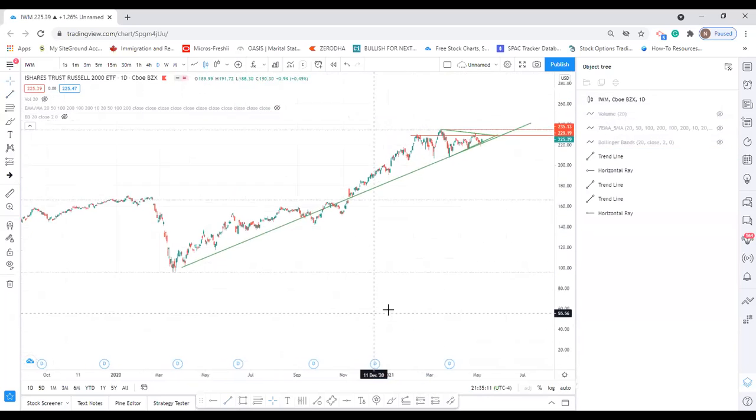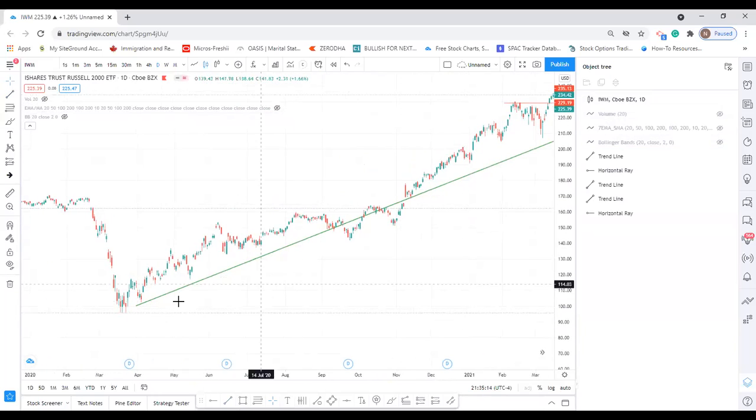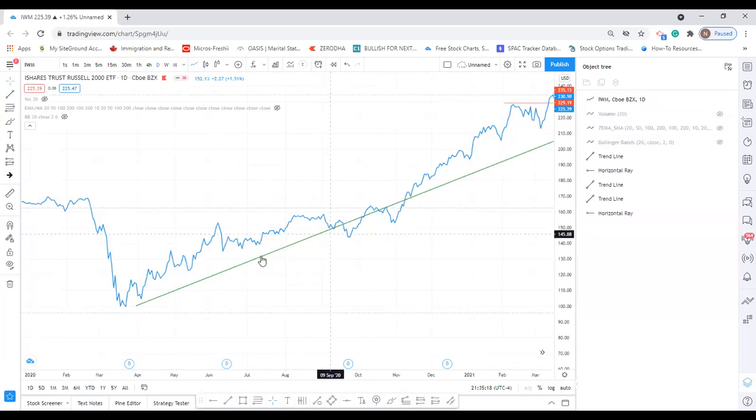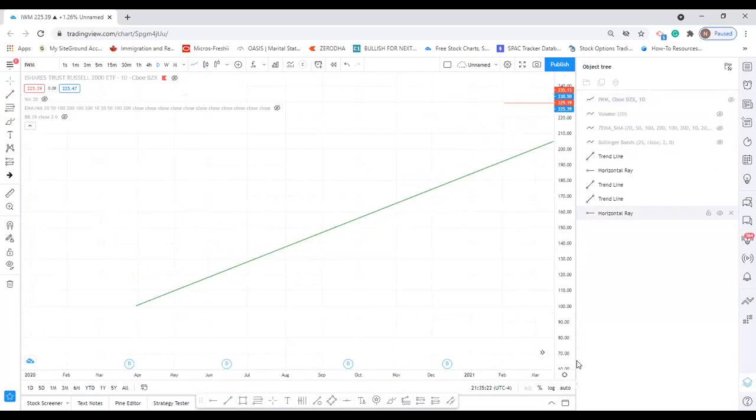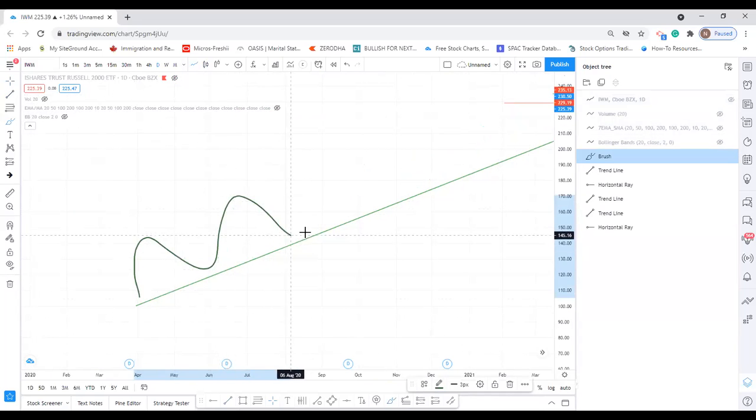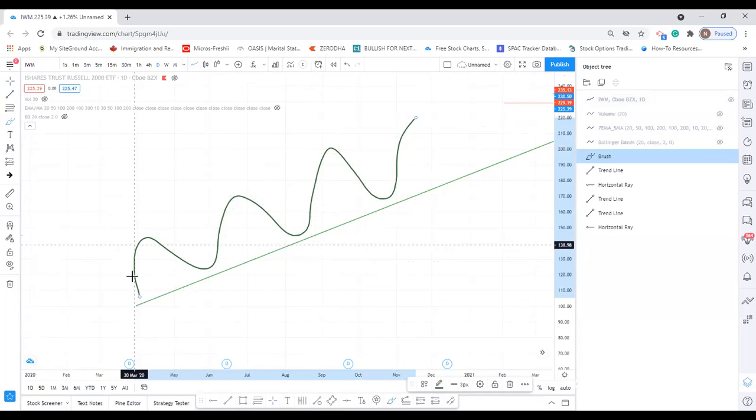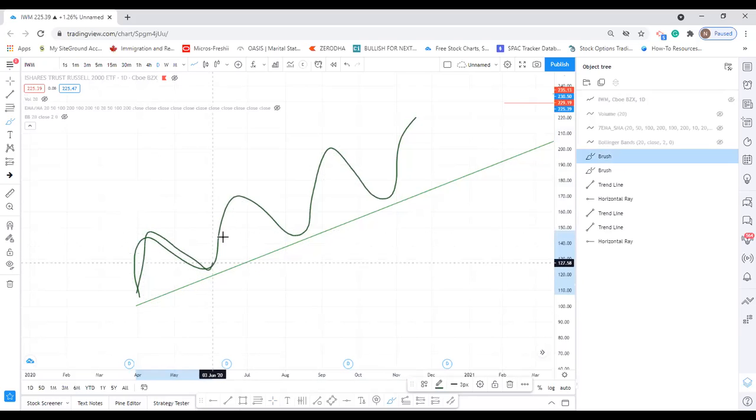But if you go to a smaller time frame, like an hourly time frame, then you will see those kinds of price moves. Remember, price always goes like this. It will make higher highs, higher lows, higher highs, higher lows.